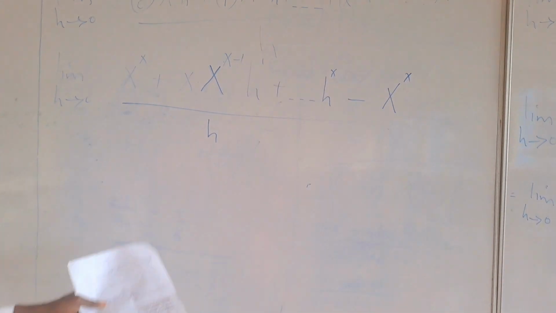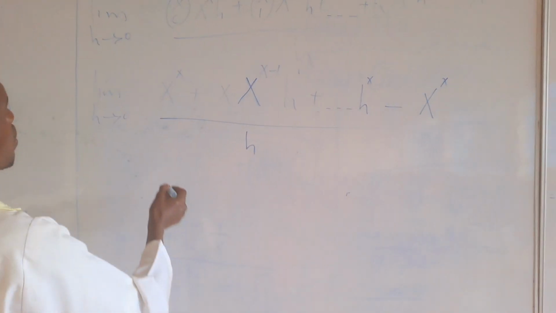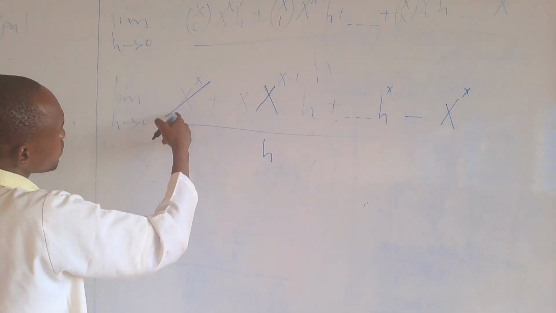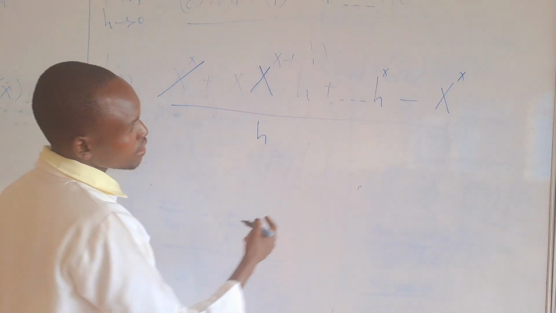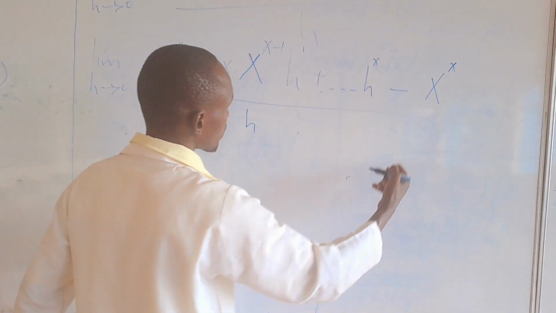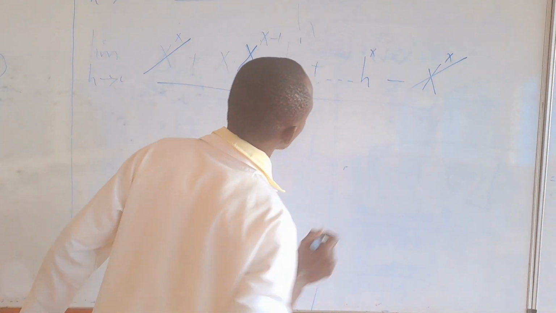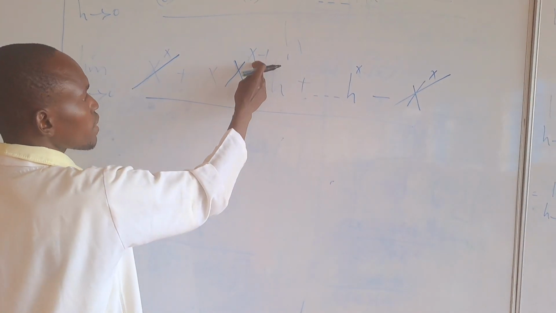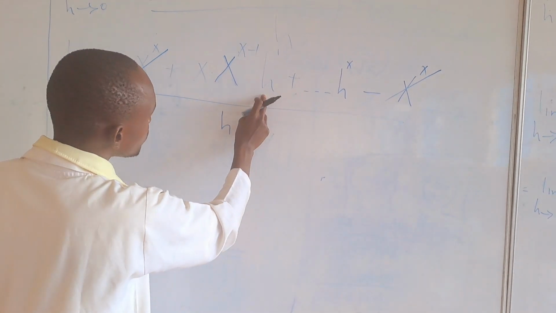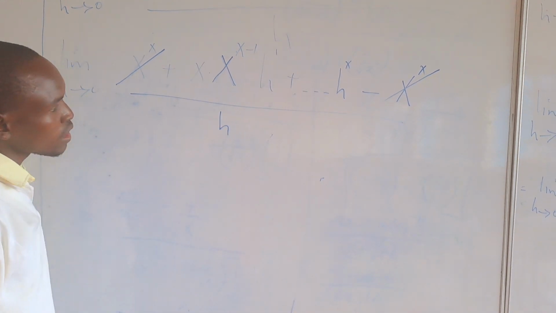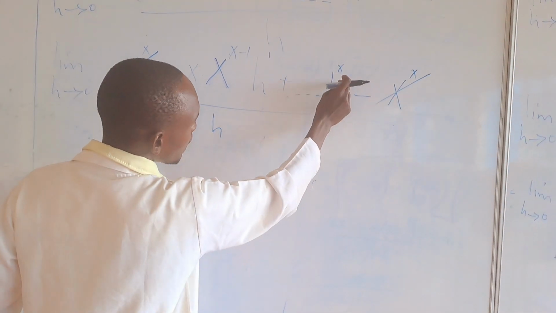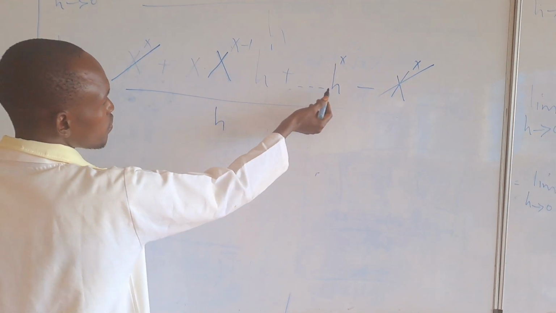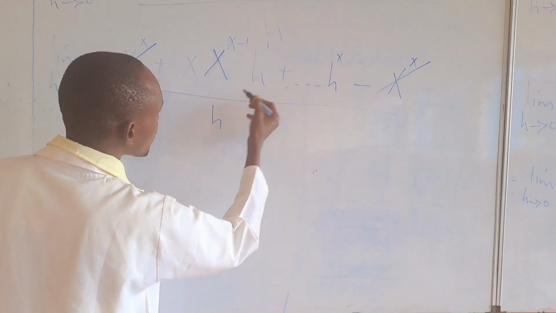Now, from here, we can automatically do away with this, because this is positive x raised to power x, then we have negative x raised to power x. So this will go with this. So we'll have x multiplied by x raised to power x minus 1 times h raised to power 1 plus h raised to power x. So let's factor out the common value here, and the common value is h.